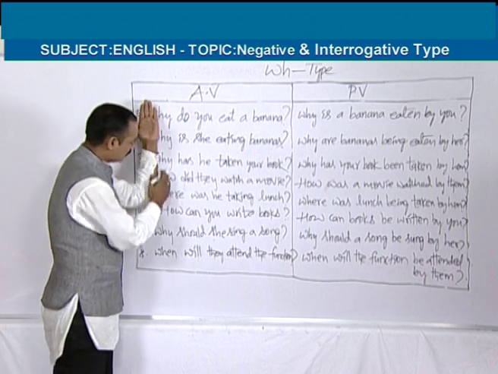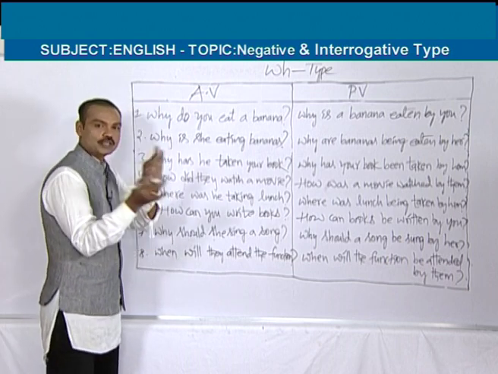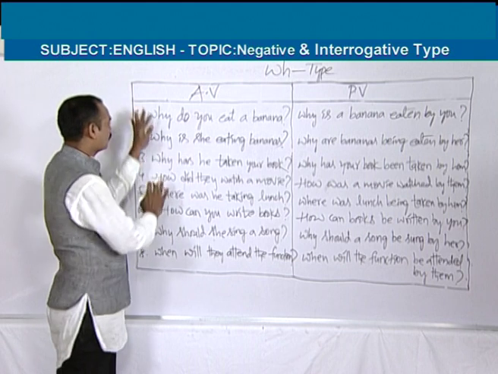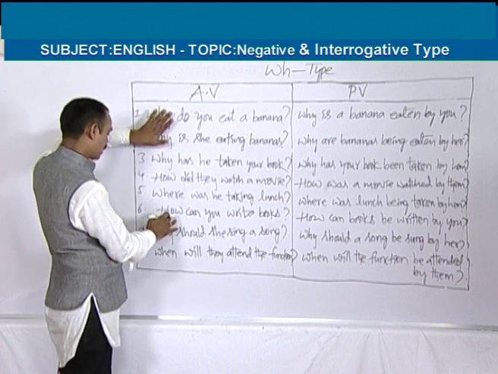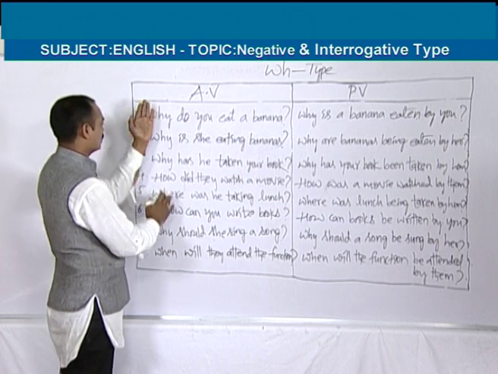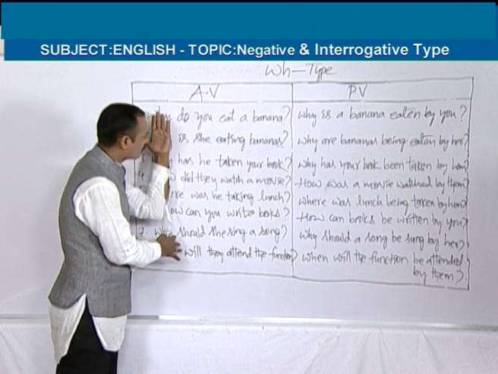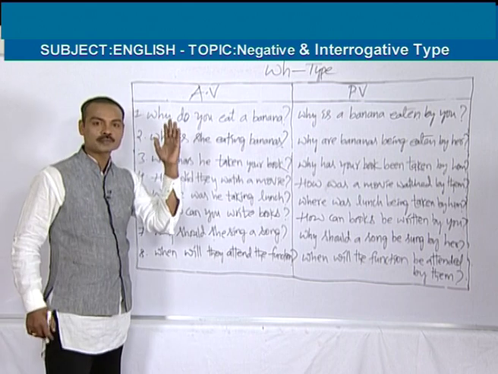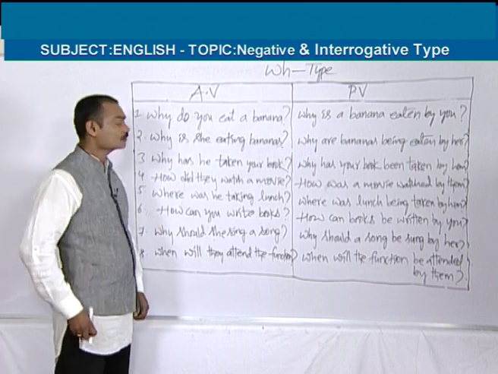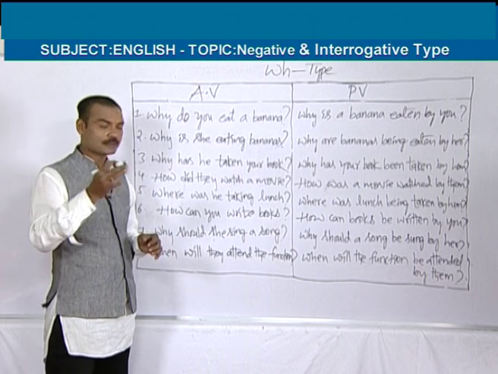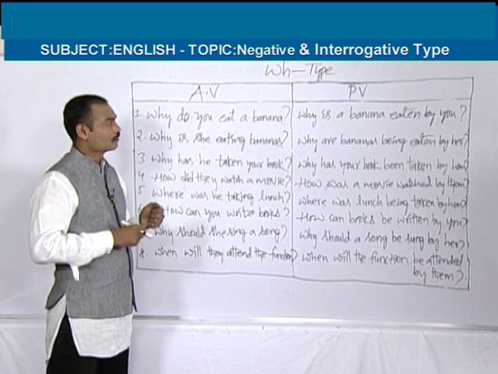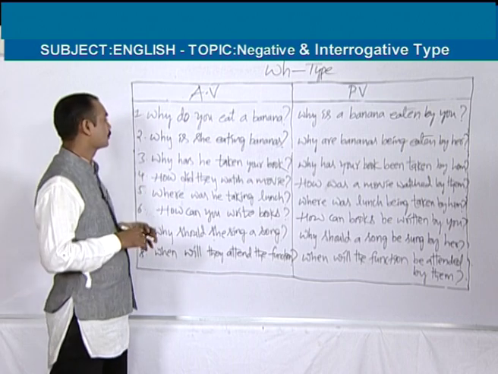If I close all these WH words, friends, you can imagine this table without WH words like why, how, where, how, why and when, again this table will become an interrogative type. So if you learn interrogative type very well, these WH type questions will become very easy for you.